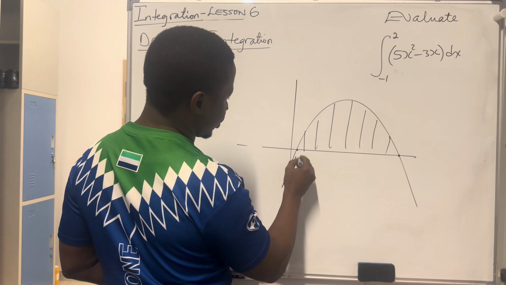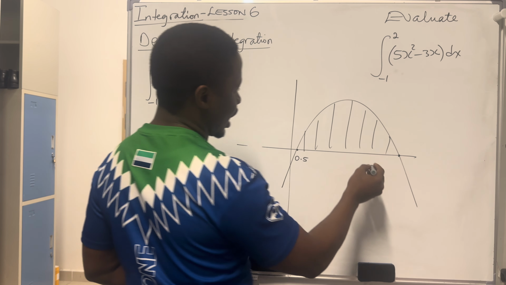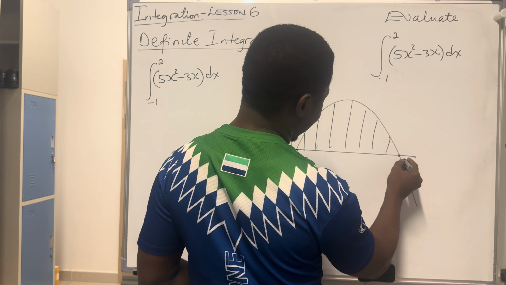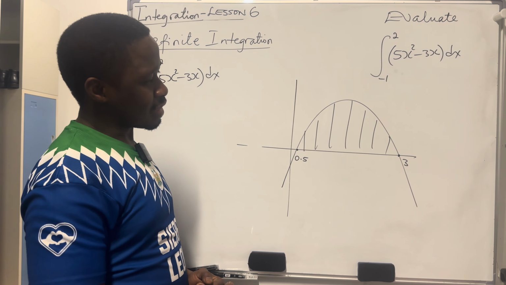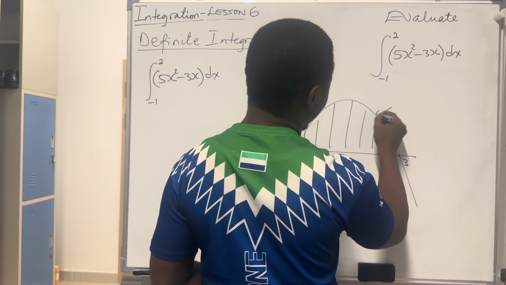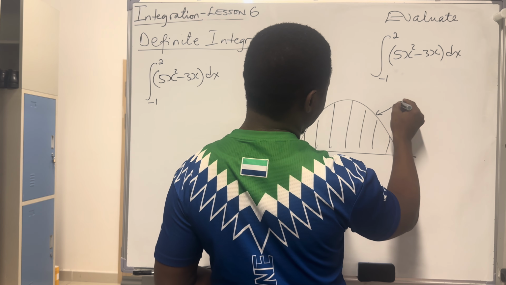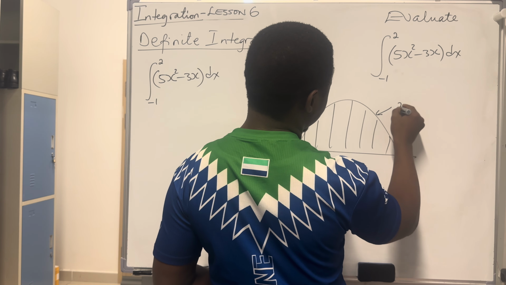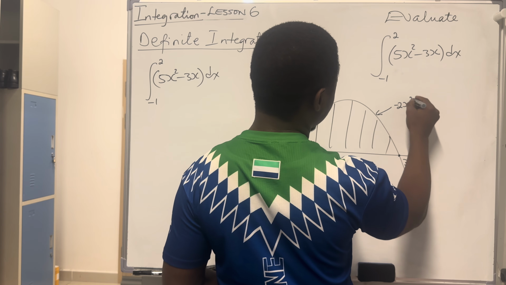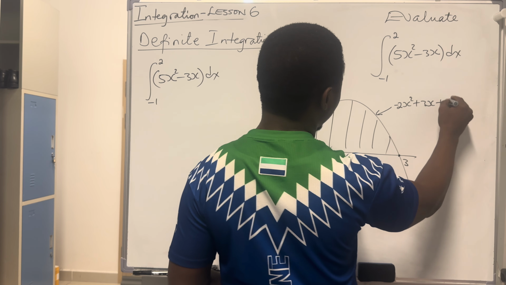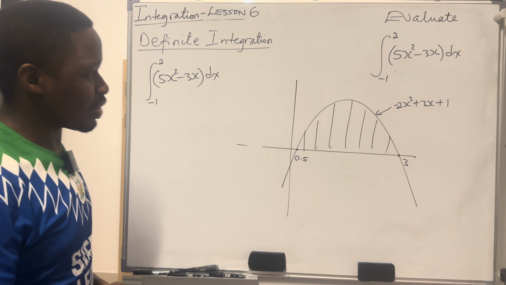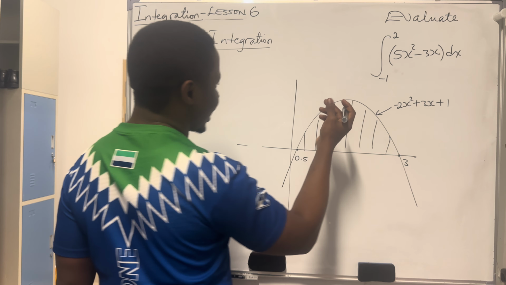Let us say here is 0.5 and here is 3. So we have a function like, for example, 2 minus 2x squared plus 3x plus 1. I'm just making a scenario. So you want to find this area.